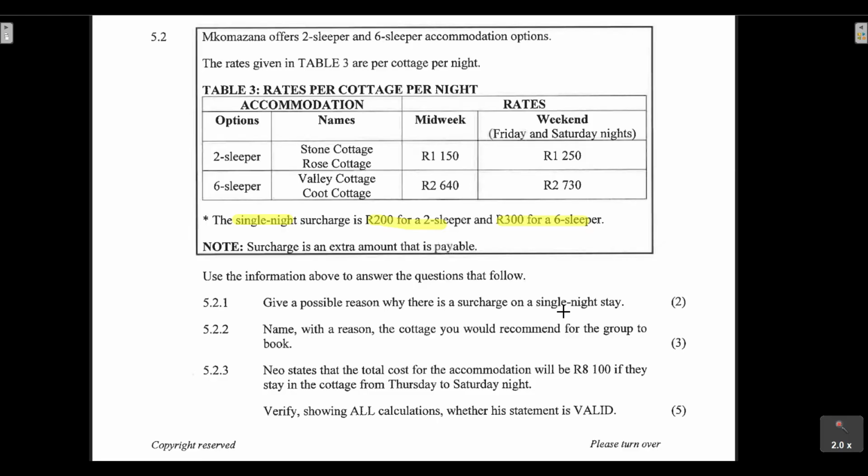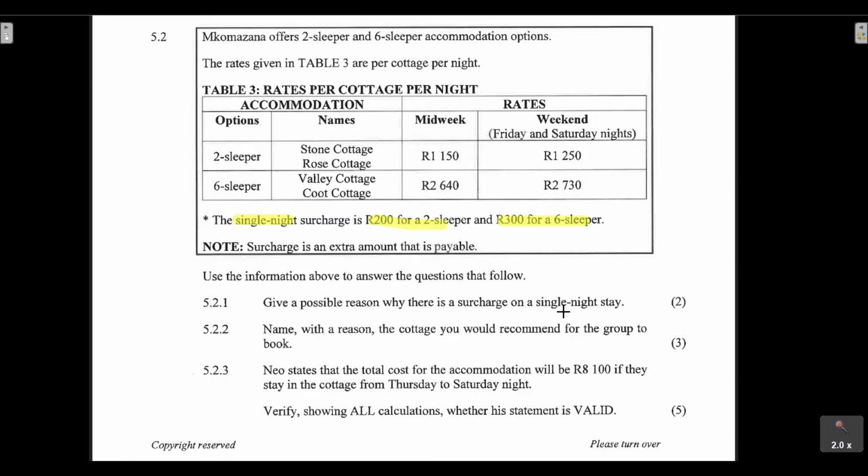But when you think about it, if you're just staying over for one night, why would they charge you extra? You can just say maybe the owners charge extra so that they can clean the cottage and freshen up, put in fresh linen and get the cottage ready early for the next booking. So that could be a reason as to why there is a surcharge on a single night stay.